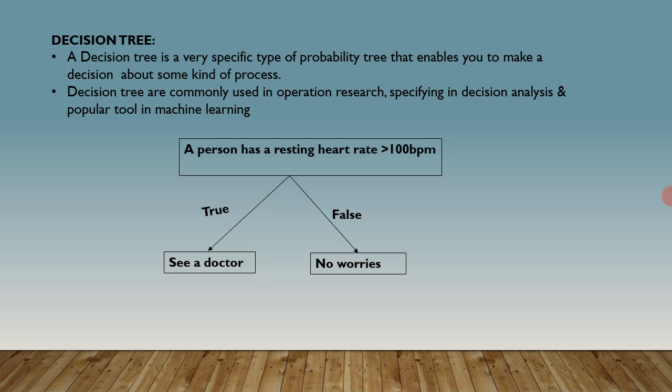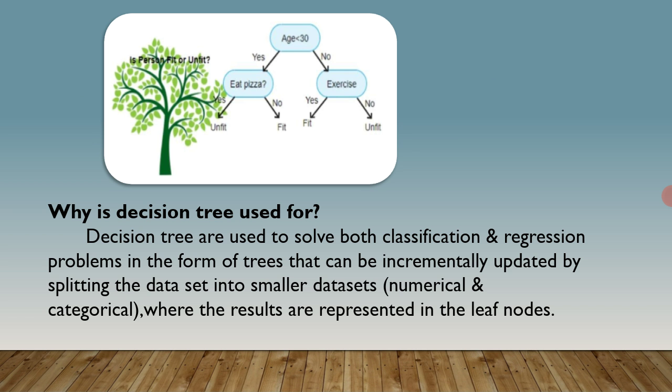Then another example for a decision tree is where we have to check whether a person is fit or unfit. Let us consider a person having age less than 30. There are two outcomes, yes or no. If a person is less than 30, then we have another test.